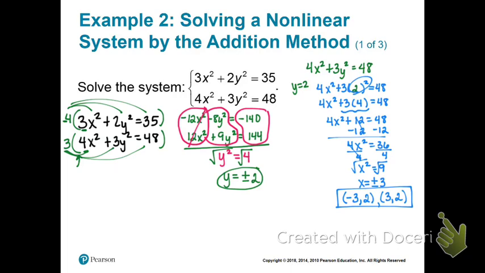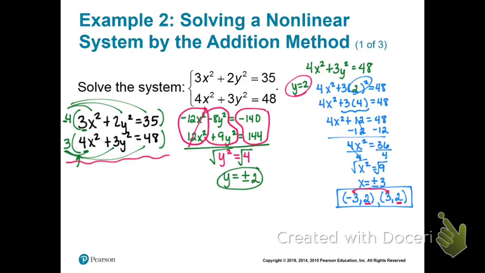No, both of these, good question. Both of these x's came from only when y was positive 2. So that's why we got y is positive 2 in both of them. Okay? Here the x was a negative 3 and the x was a positive 3. But they both came from when y was 2. Which means we still haven't done when y is negative 2 yet, have we? So we've got to do that.